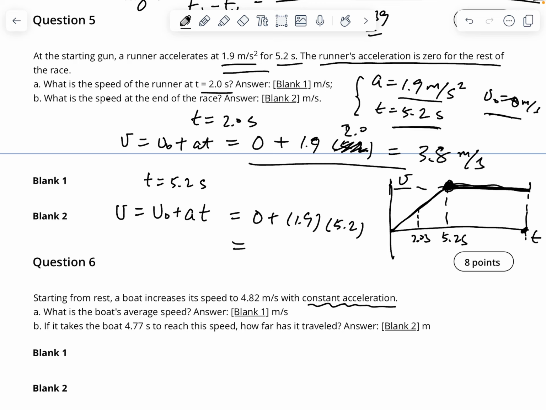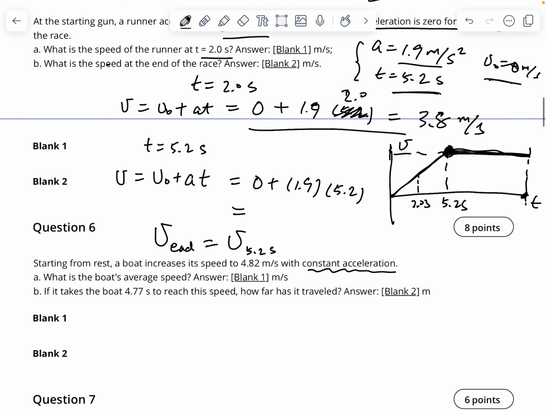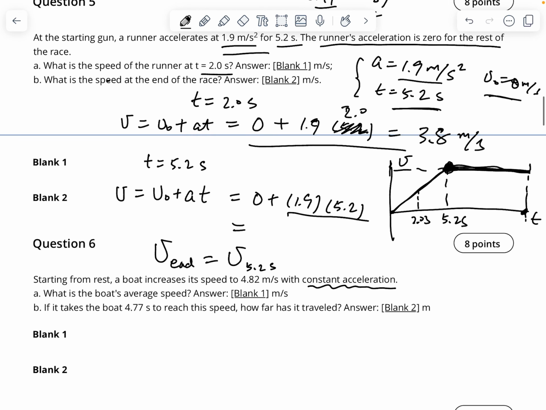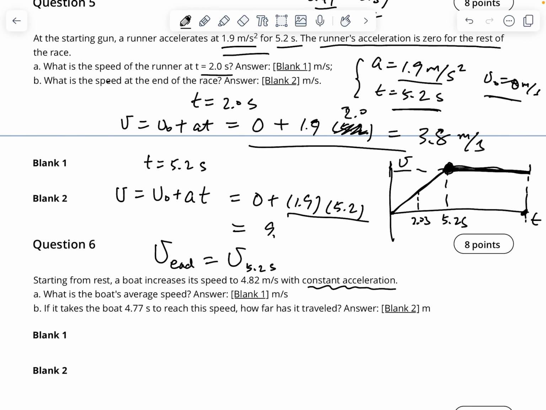So V end equals the speed at 5.2 seconds, which will be 9.88 meter per second.